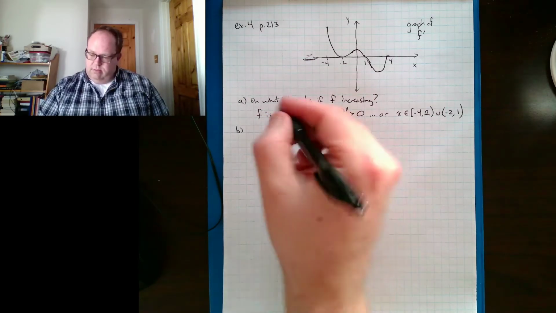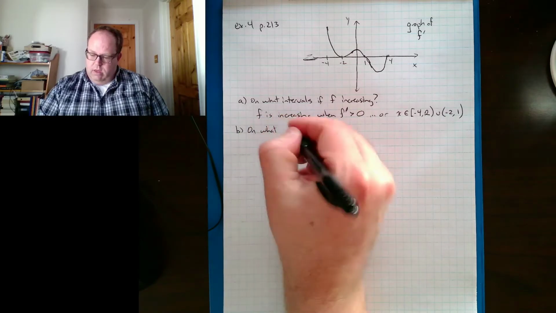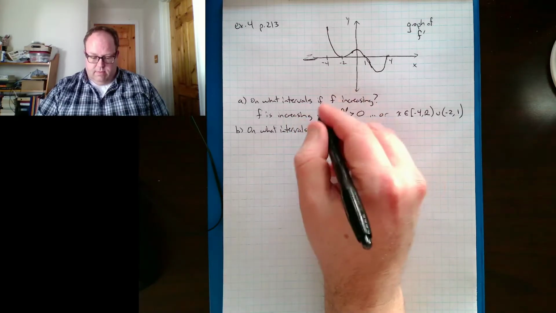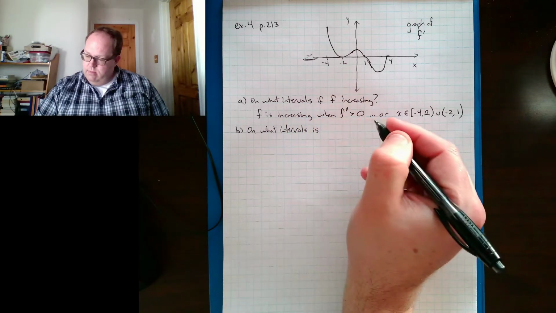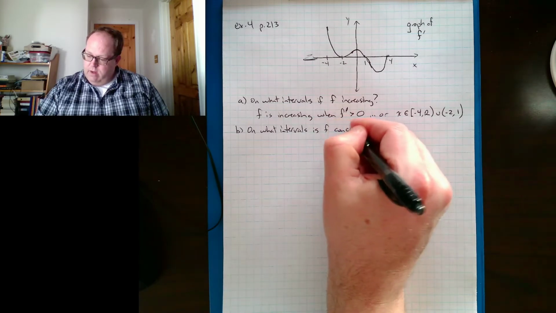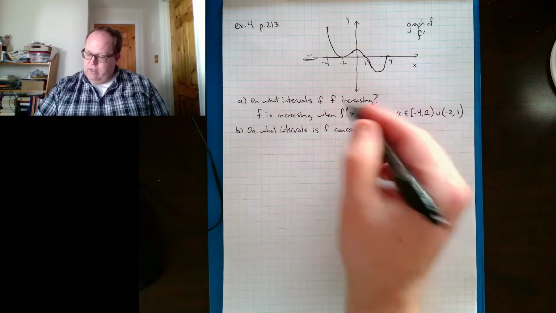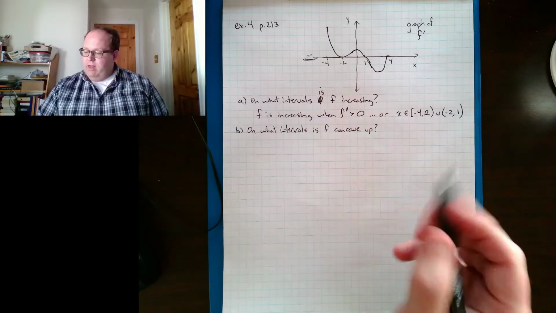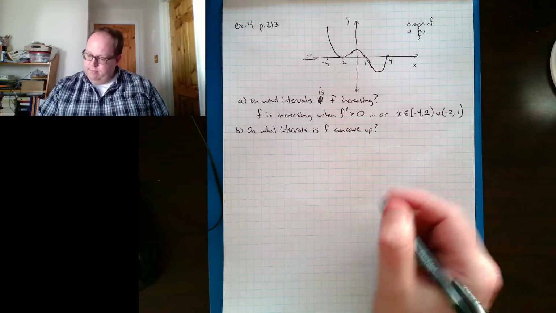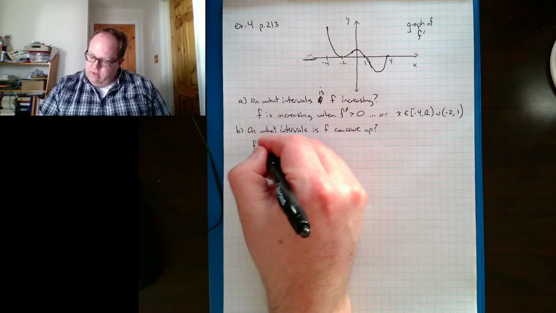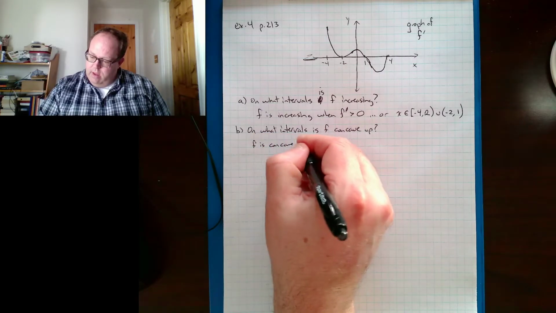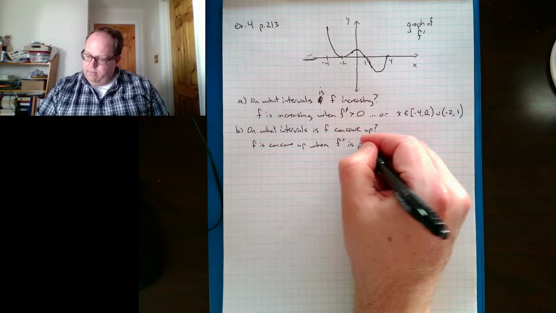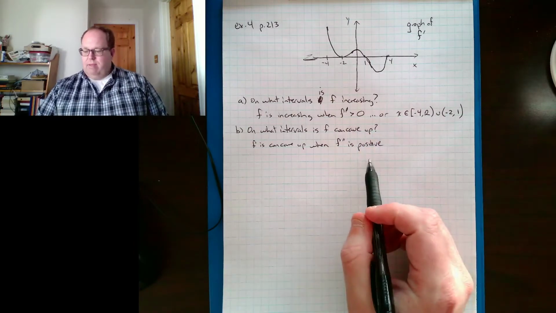B asks, on what intervals is f concave up? I just realized in the first thing I wrote if instead of is. What intervals is f increasing? So on what intervals is f concave up? So f is concave up when my second derivative is positive. But we've got to think about what that means in terms of f prime.